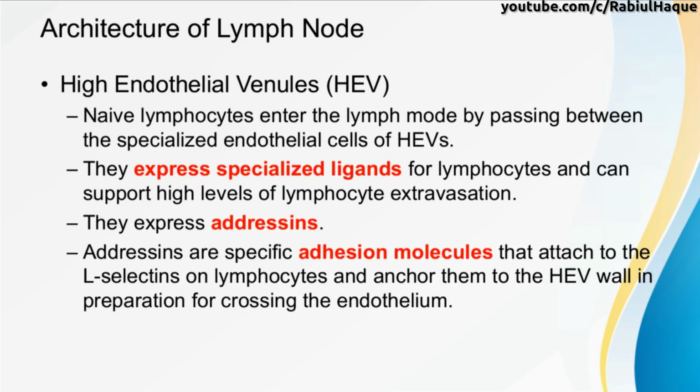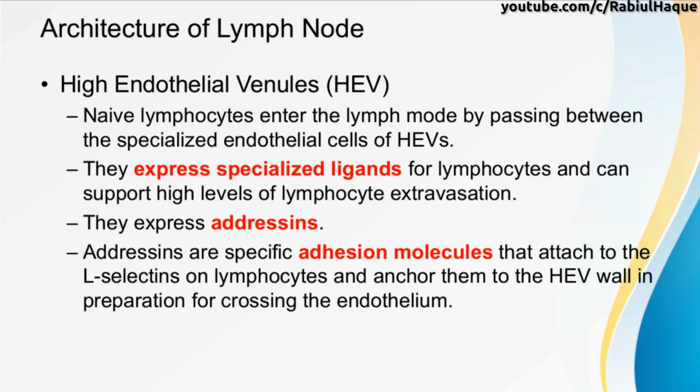Now, naive lymphocytes will enter the lymph node by passing between these specialized endothelial cells of high endothelial venules. These cells express specialized ligands for lymphocytes and can support a high level of lymphocyte extravasation.